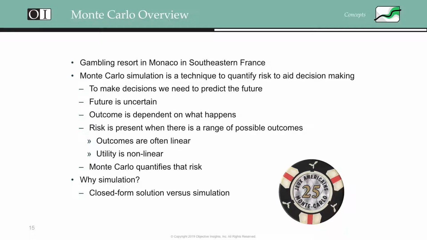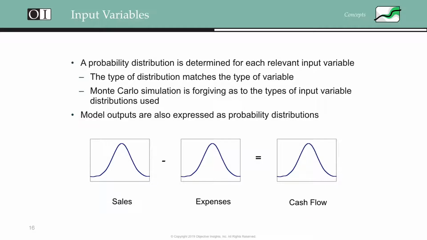What we do is we assign a probability distribution for each relevant input variable. And then we run a Monte Carlo simulation, and our output variables are also then expressed as probability distributions. Here you can see there's a distribution for sales and one for expenses, and the difference between these is the cash flow.